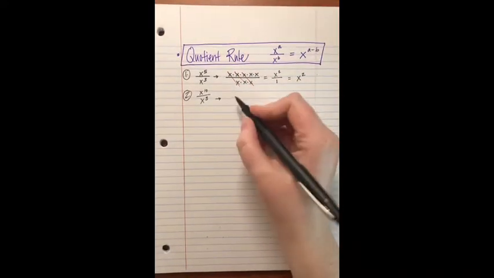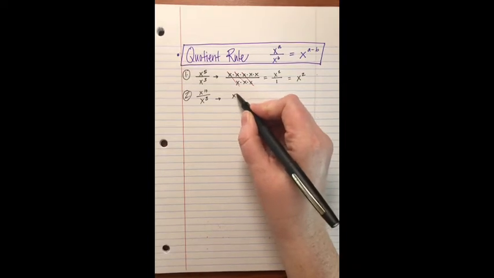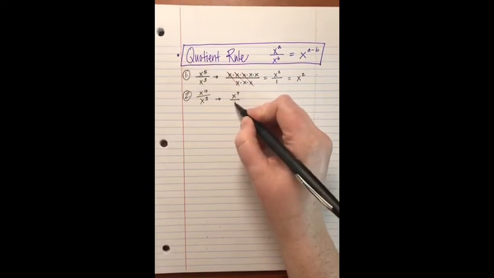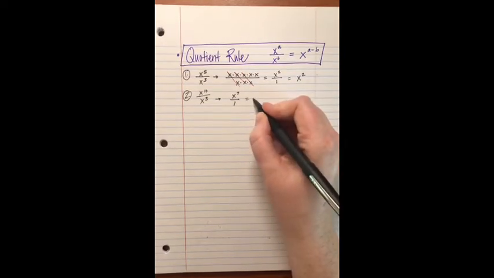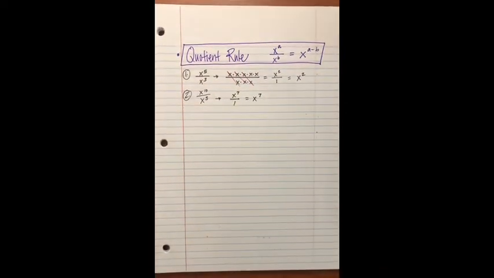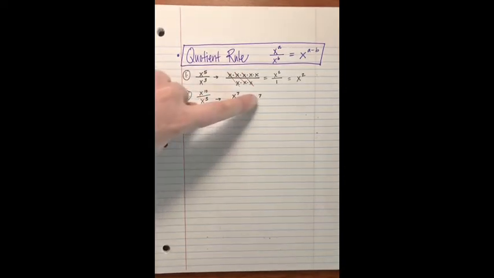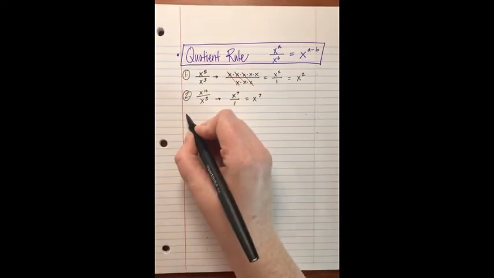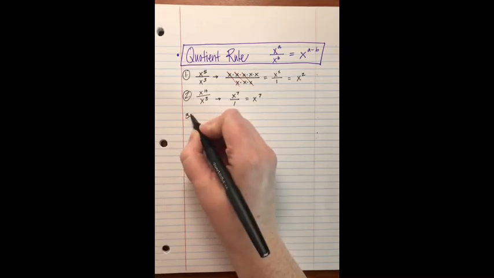So what would you be left with? You'd be left with x to the 7 on top. Everything would be cleared out of the denominator, so it's really just 1, which is just x to the 7th. So we can just do 10 minus 3, 7.